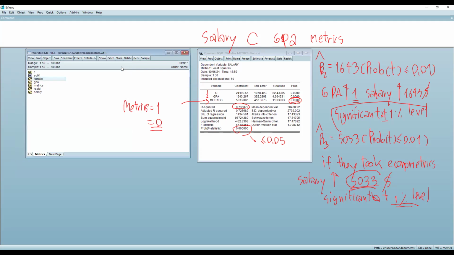So how should we do it? Because they would like to look at the starting salary, we should use an intercept dummy.